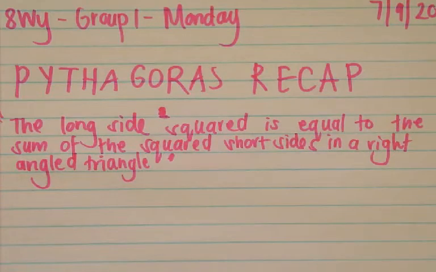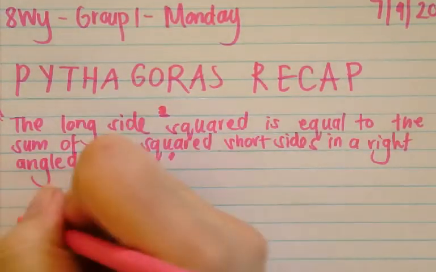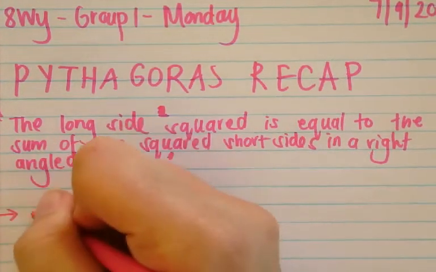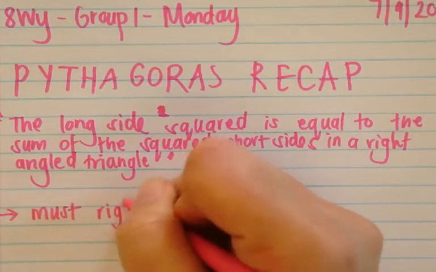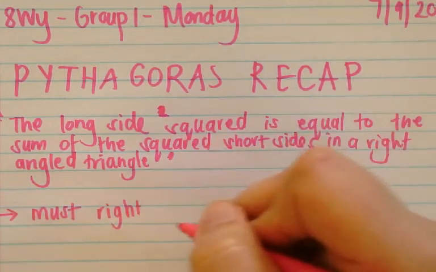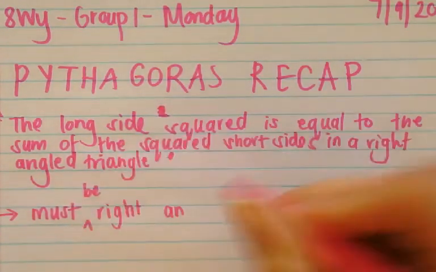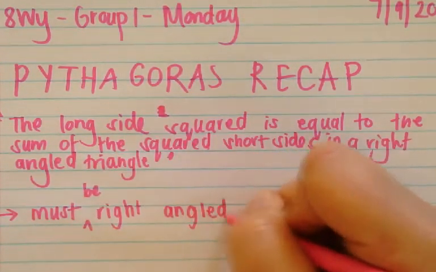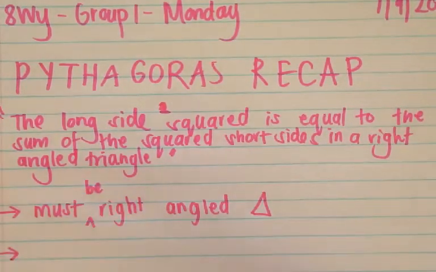So there's some key points that we need to know here. Firstly, that it must be a right angled triangle. If there's no right angle in there, we can't use Pythagoras. Must be right angled triangle. The other thing that we need to note is, how do we find the long side?